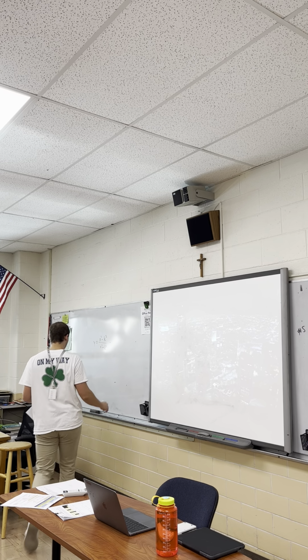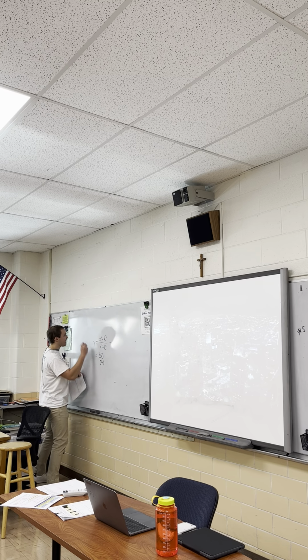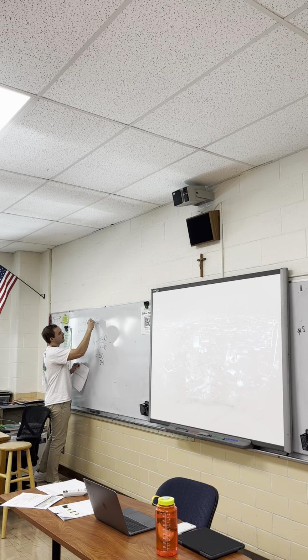Quotient rule, okay? So we're going to write this as f of x over g of x. So what's my f of x here? x squared minus k squared. What's my g of x? x squared plus k squared. So then, what's my f prime of x?